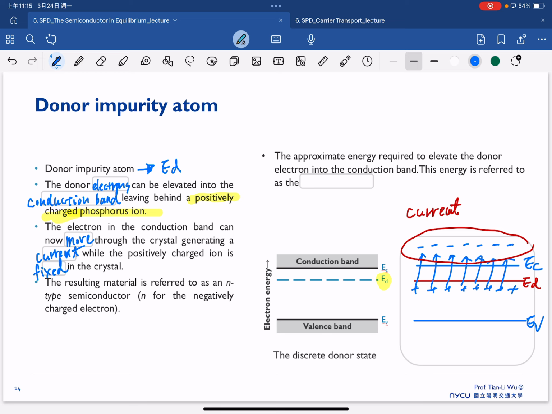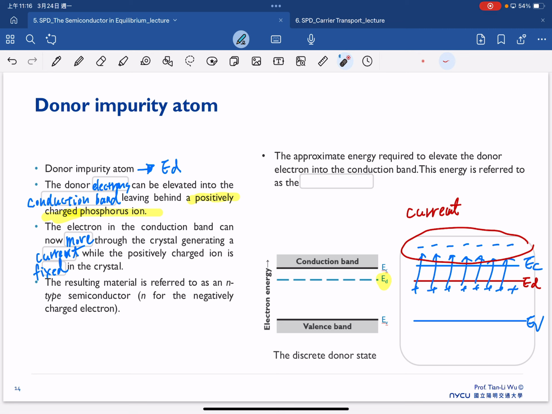So that means the electron will contribute as a current, but the positive charge will be fixed in the crystal here. And this will result in the material being an N-type semiconductor, because we have more electrons than holes in this case. So we consider this an N-type semiconductor.